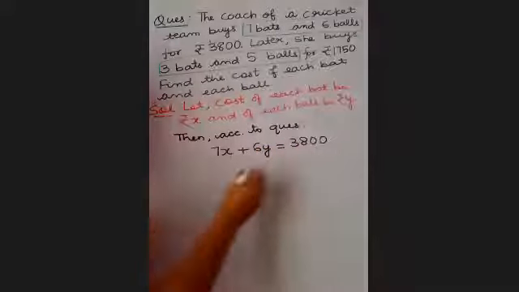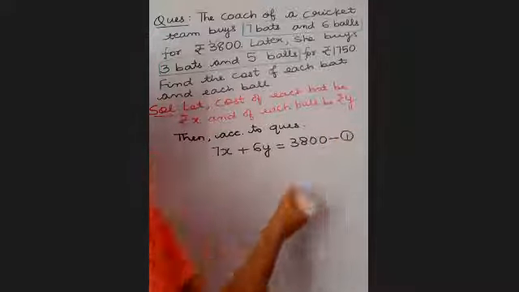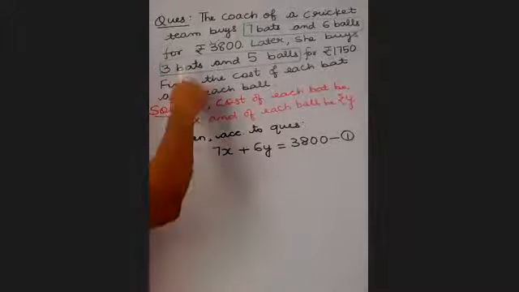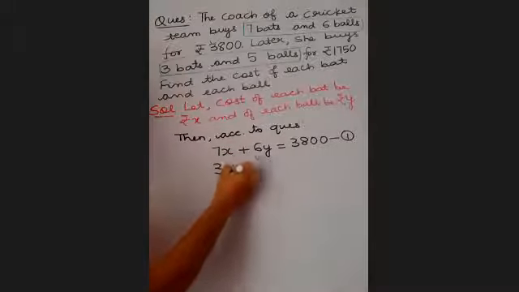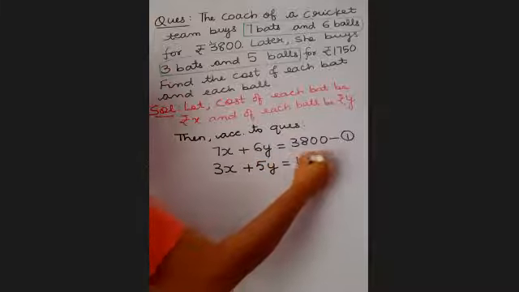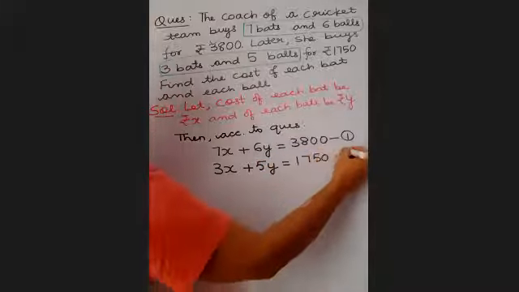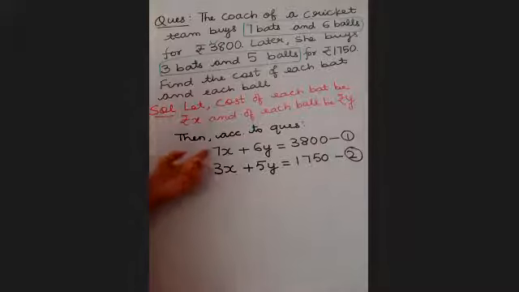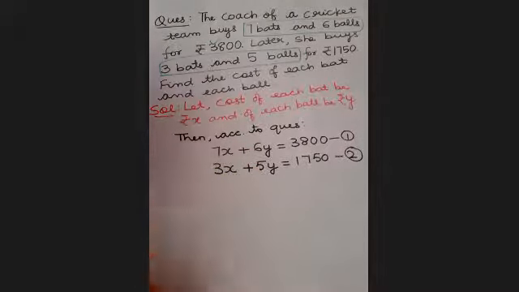And what will be equation 2? 3x plus 5y equals 1,750. Now we need to solve these two equations for x and y. You may eliminate x or you may eliminate y. Which one do you want to go for?